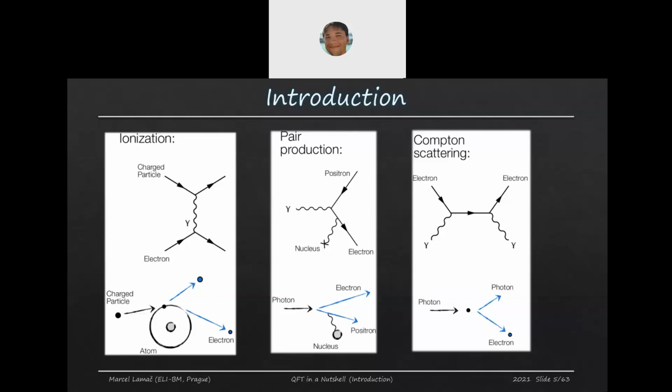But we know that our universe works under the laws of relativity, so we have to take that into consideration if we want to describe processes like, for example, ionization, pair production, or Compton scattering. These are processes that we are studying at ELI, in some sense every day, or it is inherent to the interaction of light and matter.